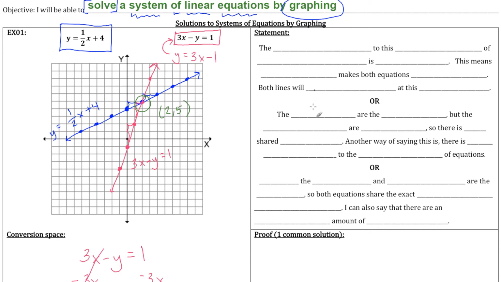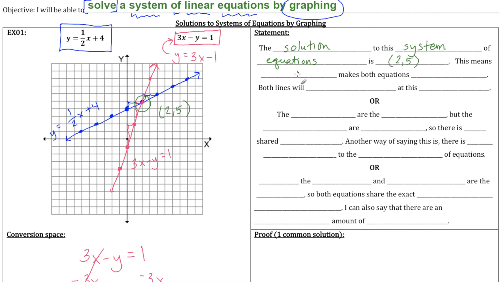So we have 3 statements. Well, we will go through each type as we do more examples. So the solution to this system of equations is 2 comma 5.